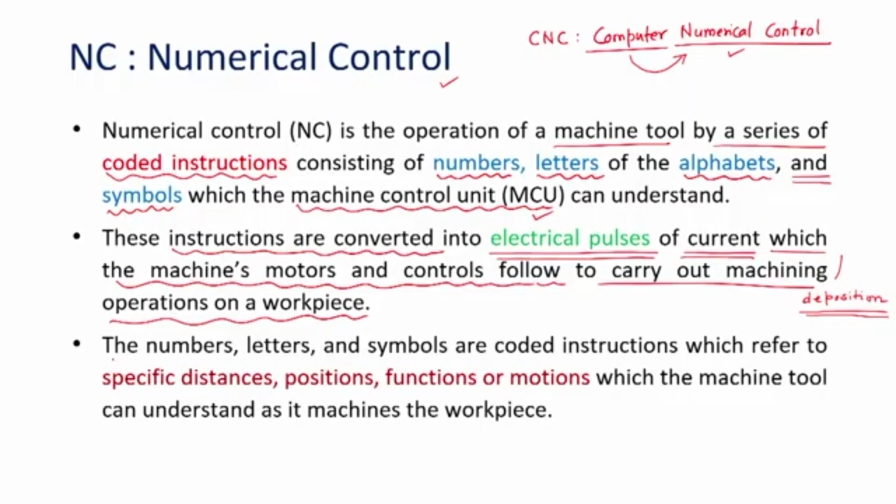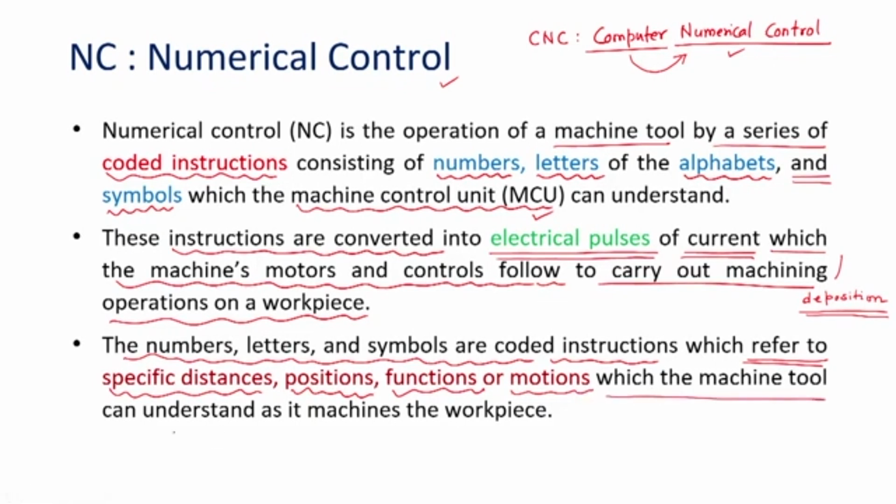Now, what do these numbers, letters and symbols designate? They are coded instructions referring to specific distances, positions, various functions to be carried out, or motions to be generated, which the machine tool can understand. Specific distances. Third is functions. Various functions need to be carried out; these are the auxiliary functions.